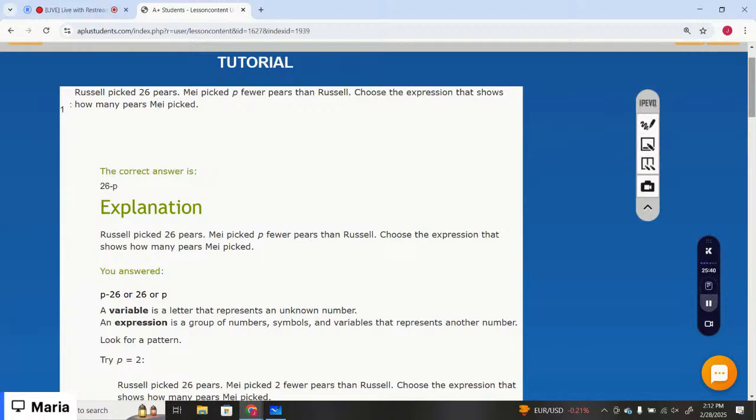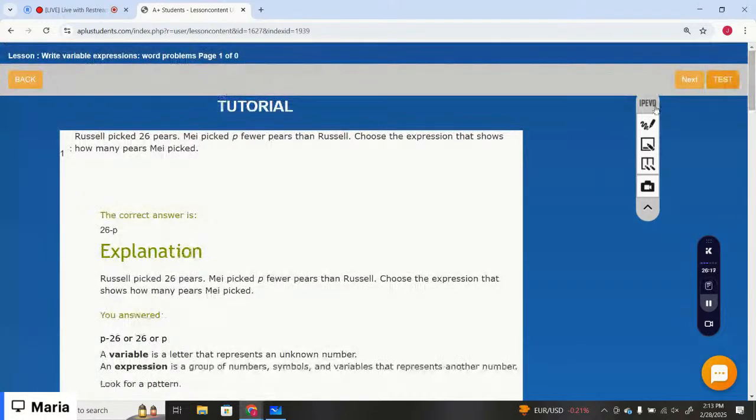So that is 26 minus p. That means she picked 26 minus p pears. Let's just start with the test questions.